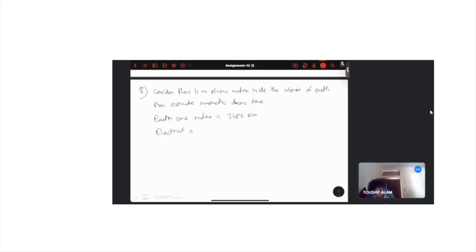Electrical conductivity of Earth core in CGS units.